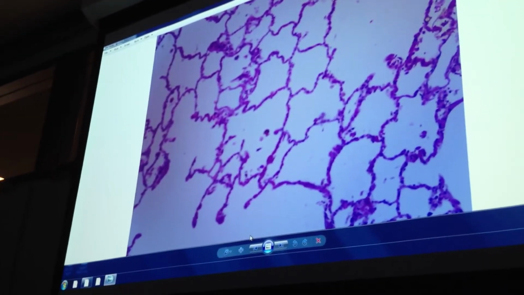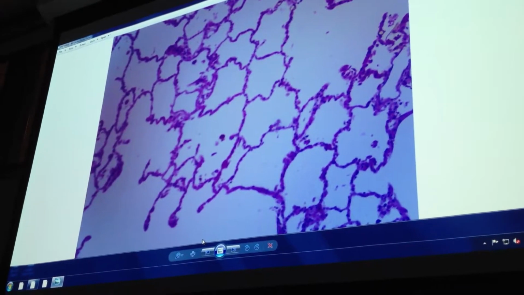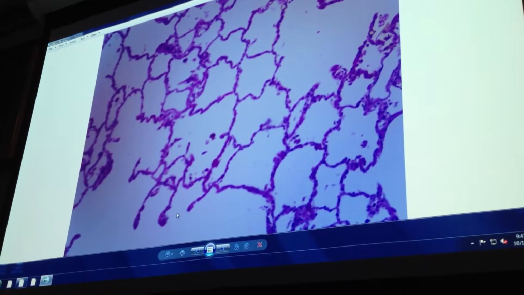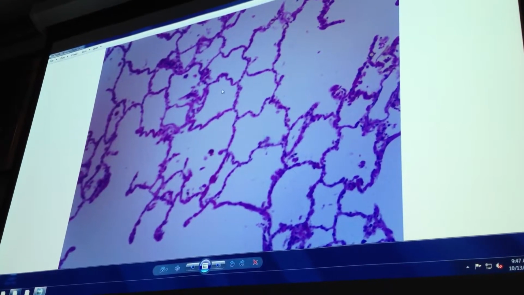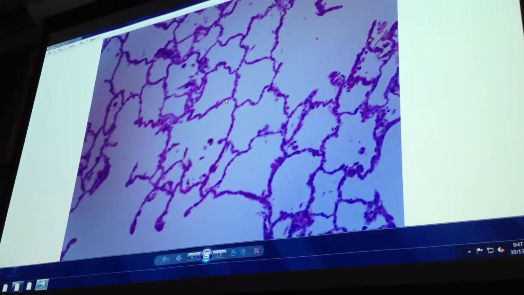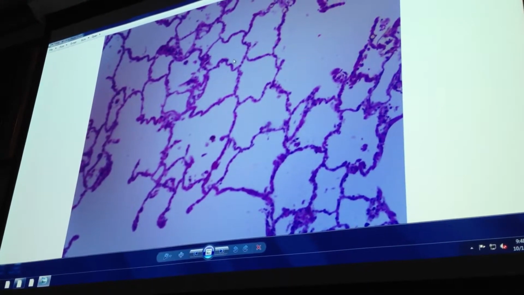Okay, now a couple things. What organ is it? Lungs. What organ system? Respiratory. All these round structures are alveoli.